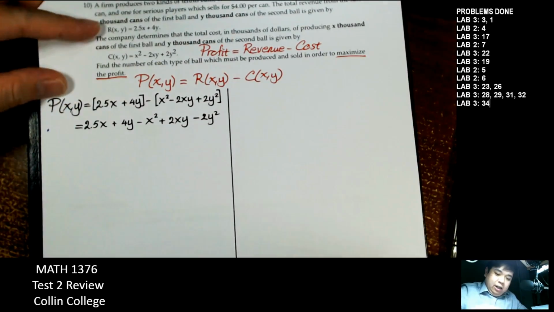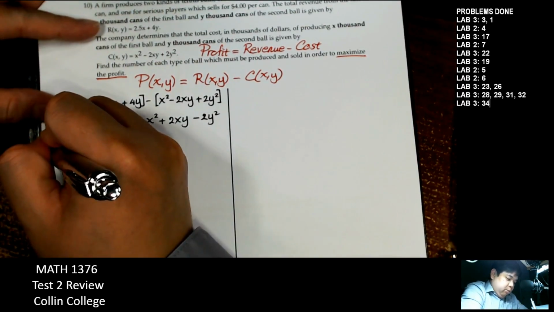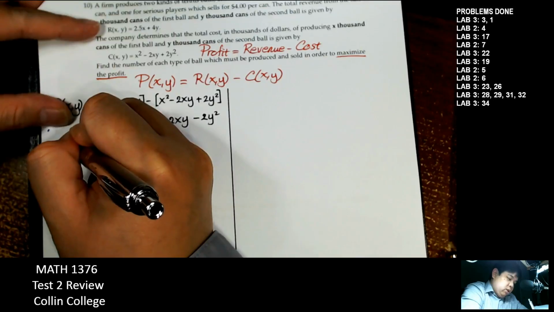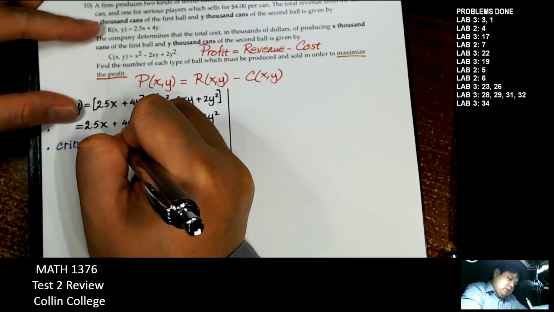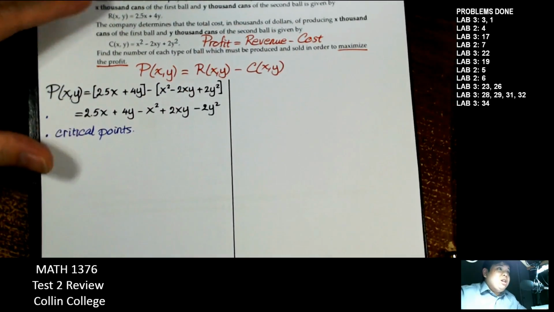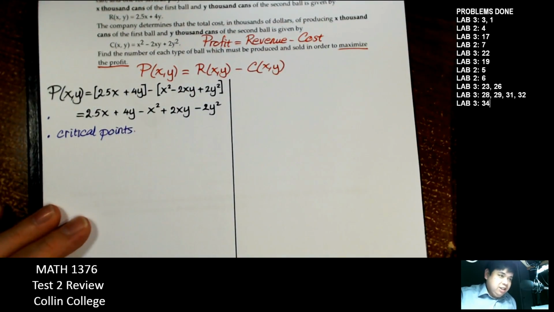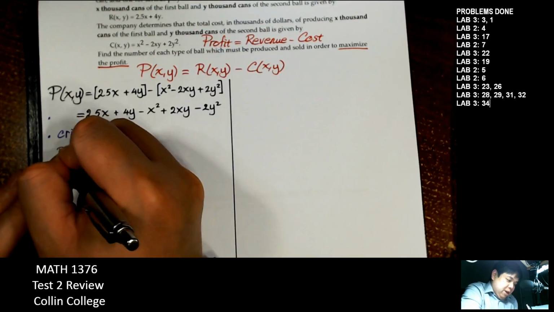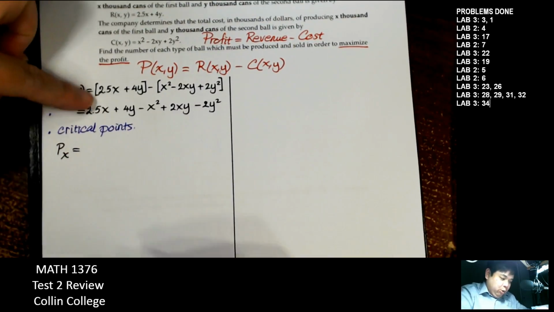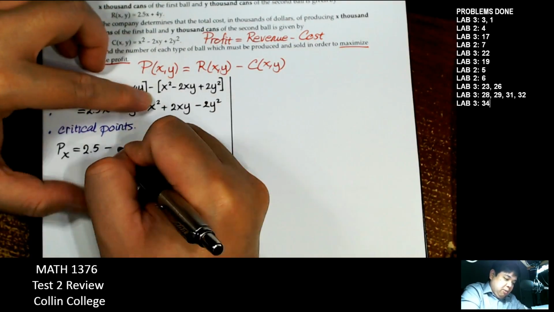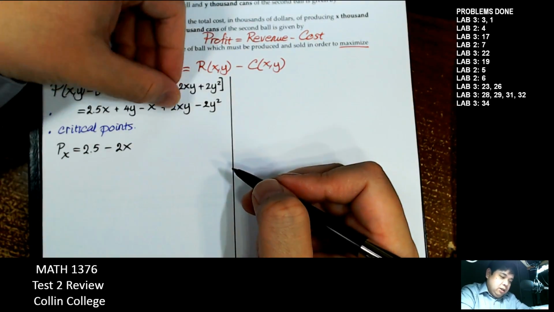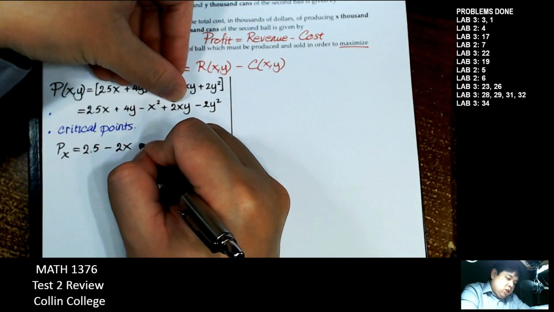Now, we find the critical point or points. This one is a lot more manageable. I'll take the derivative with respect to x. That will be 2.5, that constant, minus 2x plus 2y.